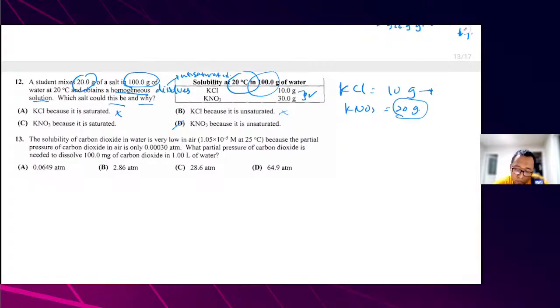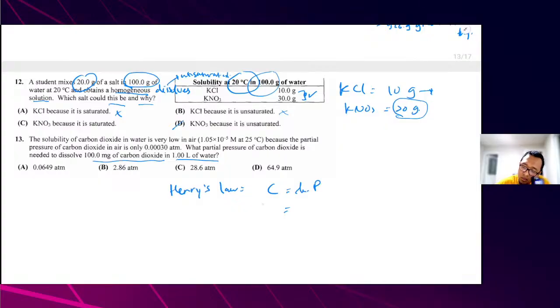The solubility of carbon dioxide in water is very low because the partial pressure is only 0.0030. What partial pressure of carbon dioxide is needed to dissolve 100 milligram of carbon dioxide in 1 liter of water? We can use Henry's law, which is C = KP.